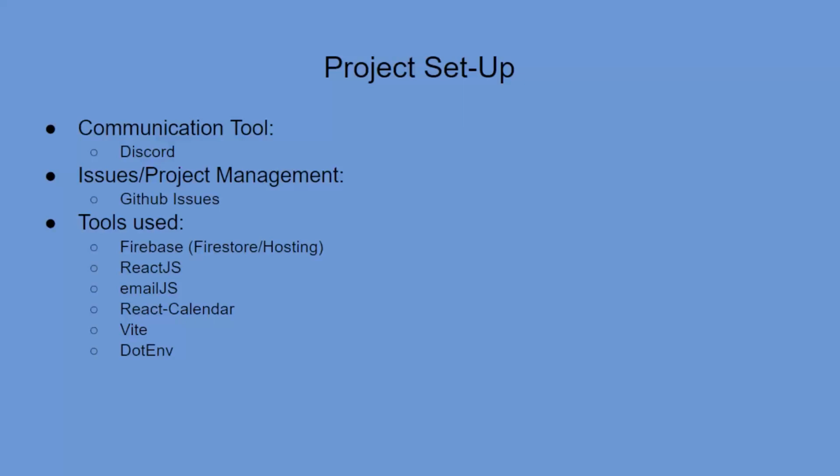And Vite hosts the website so that it's available to the public web. And then .env gives us environment variables that we can use inside of our application, which allows us to post our code on GitHub without revealing sensitive information.